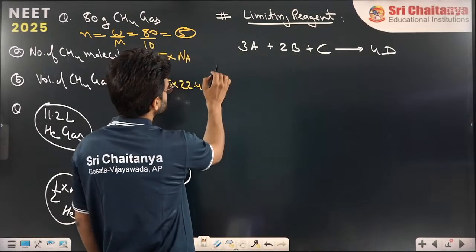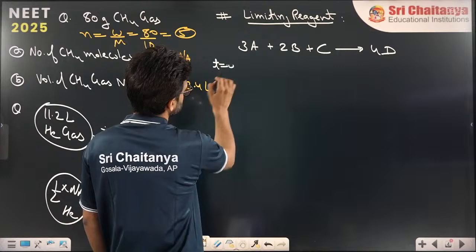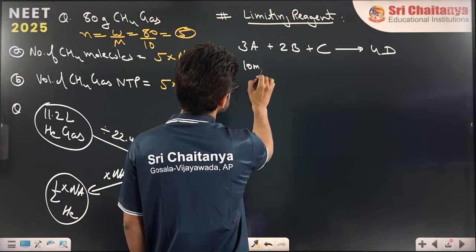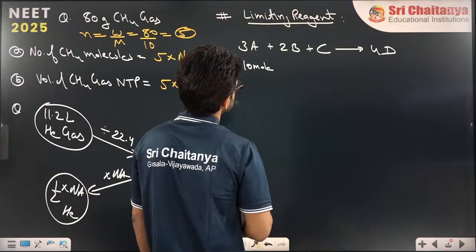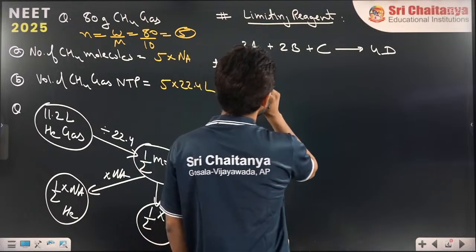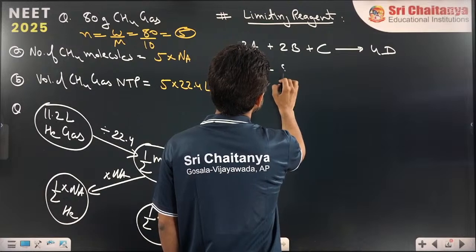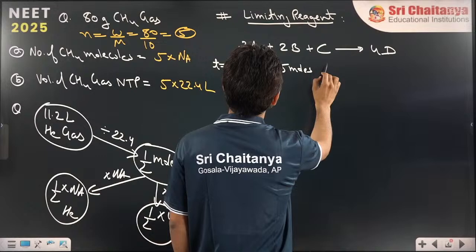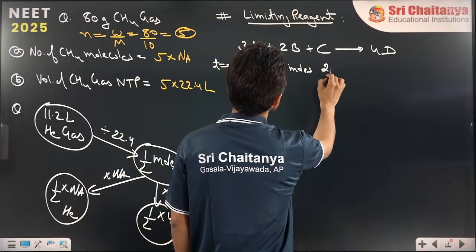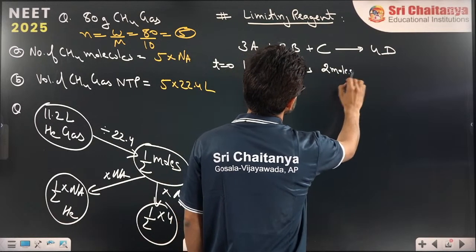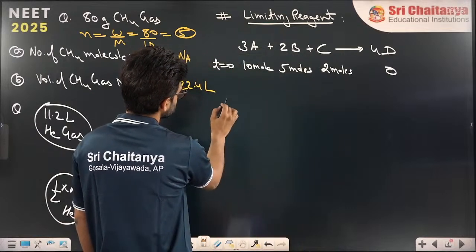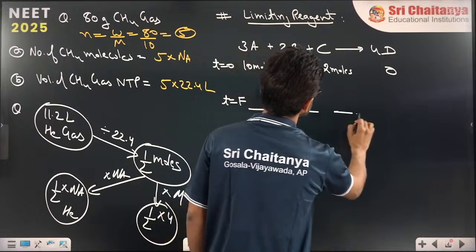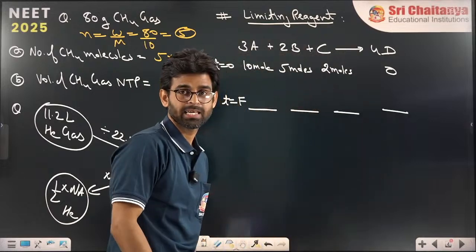And at time 0, the initial time, imagine we have 10 moles of this, 5 moles of this, and 2 moles of this. These are 0 initially. So they will ask you at the final moment what is the amount of all of these, right?